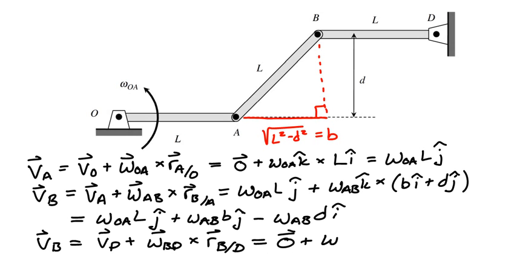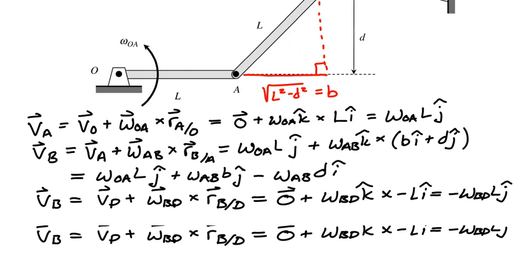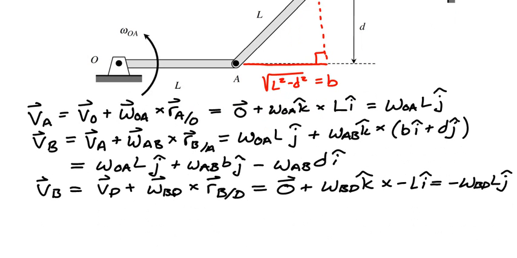I'll add the unknown omega BD, which will be in the plus or minus k, crossed with r of B with respect to D, which is minus L in the i direction. Expanding, k cross i gives j, so I'll have minus omega BD times L in the j direction.